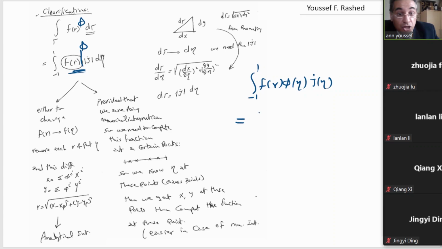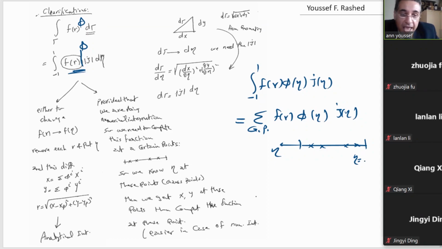So this is sigma over Gauss points of f of r times phi of eta, J of eta. So Gauss points are defined in terms of eta. For example, this is eta, it gives you 4 Gauss points, say eta equal minus 0.7, eta equal minus 0.2, and the same, eta equal 0.2, and eta equal 0.7. So we have 4 Gauss points.